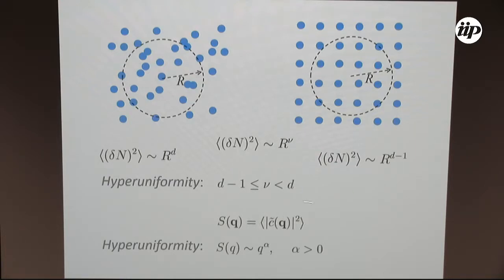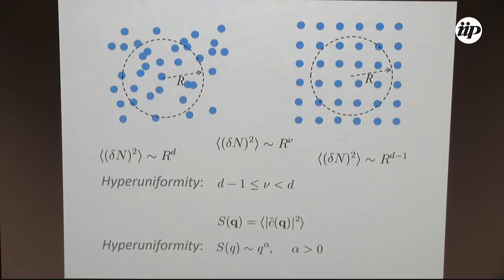This is one characterization, and there is another characterization that is almost equivalent, and that is more useful, so I'm going to introduce it. Instead of talking about a window and a number fluctuation, we talk about the structure factor. That is, you take the 2-point density correlation function and Fourier transform it and take thermal average, any average, and that is called the structure factor.